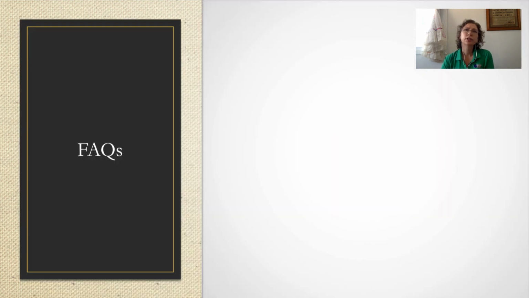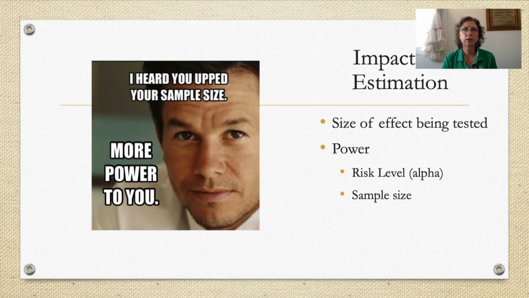Okay, so I just had a few frequently asked questions that would come up about this chapter. One having to do with, okay, how do we know sample size and power and the role of sample size in estimating that test statistic? Well, it's going to depend on the size of the effect that you're looking for.